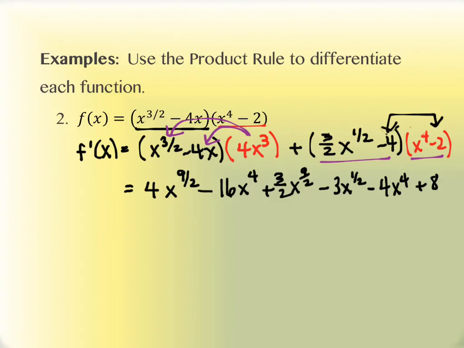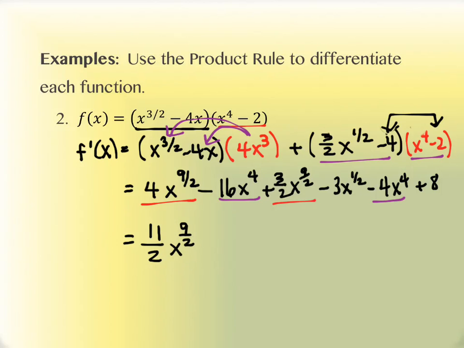Some of this can combine. What combines? X to the 4th. The x to the 4ths combine. And that's actually the second thing that combines. Can we combine the 9/2 first? Yeah. Whoops, I underlined the wrong one. 9/2. All right, so I have 4x to the 9/2 plus 3/2 x to the 9/2. So what is 4 plus 3/2? 11/2 x to the 9/2.